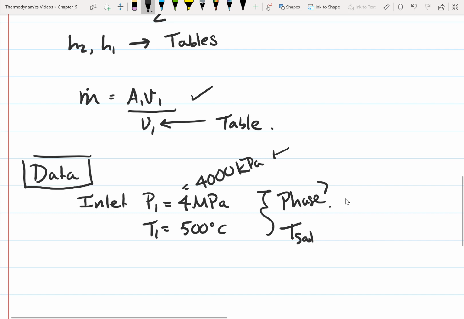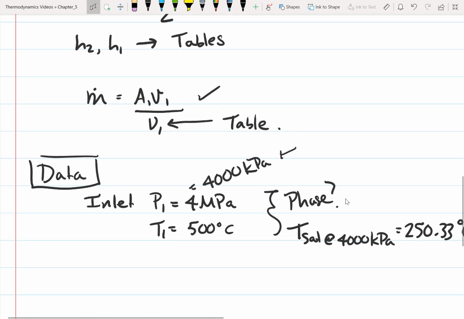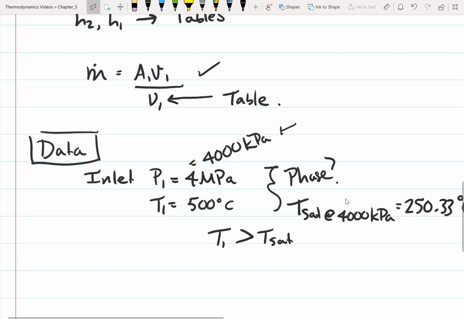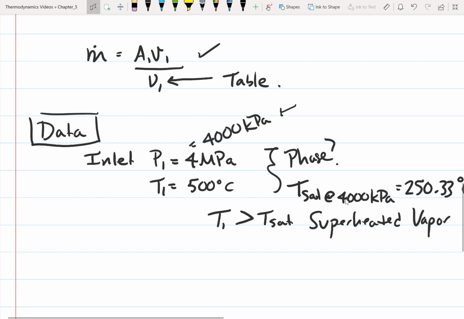So Tsat at 4,000 kilopascals is equal to 250.33 degrees Celsius, and so our temperature is greater than Tsat, so this is in fact a superheated vapor. So then we can use the superheated vapor table to look up our enthalpy and specific volume.